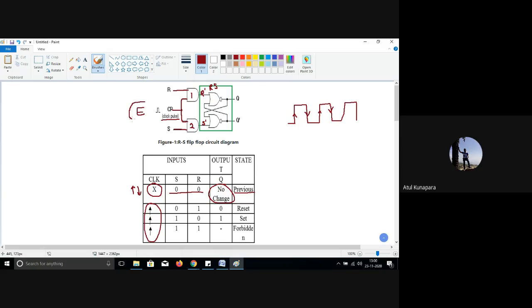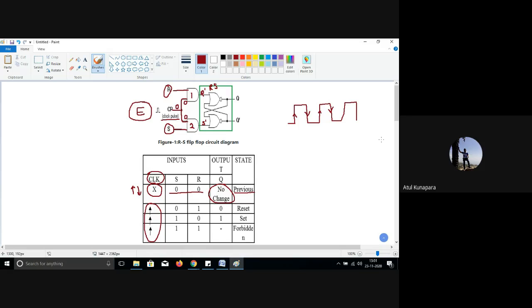So if your enable signal or clock signal applied here is a rising edge, it's showing you that it's a rising edge triggered RS flip flop. So whenever there is a rising edge of the clock pulse, the input given to this R and S will work, otherwise not. Why is that so? Understand this one. Because if you are setting your clock signal to be 0 here, one of the inputs of these two AND gates is going to be 0, right?